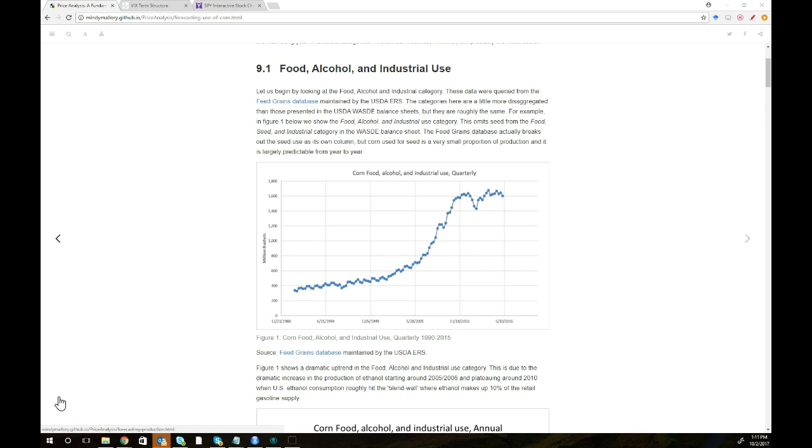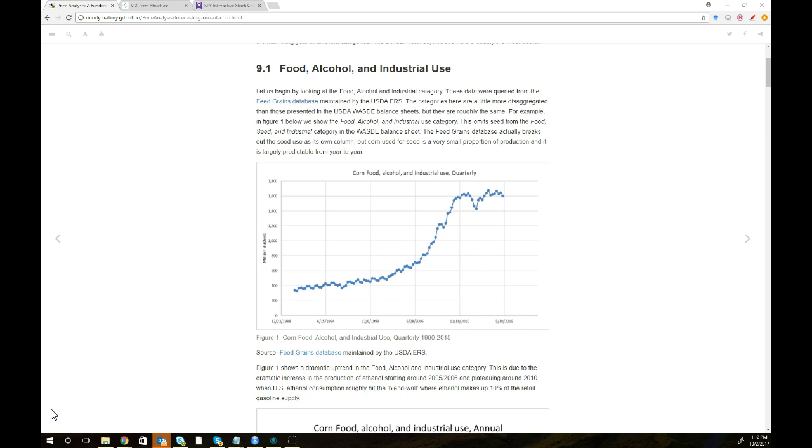And the striking feature about this graph is the market uptrend that happens around the year of 2005. There was a slight trend upward in that category prior to that, but in 2005 we passed the Renewable Fuels Standard, which required blenders of retail gasoline to include ethanol into those blends, up to a maximum of 10% of our retail gasoline supply, which is roughly 15 billion gallons.